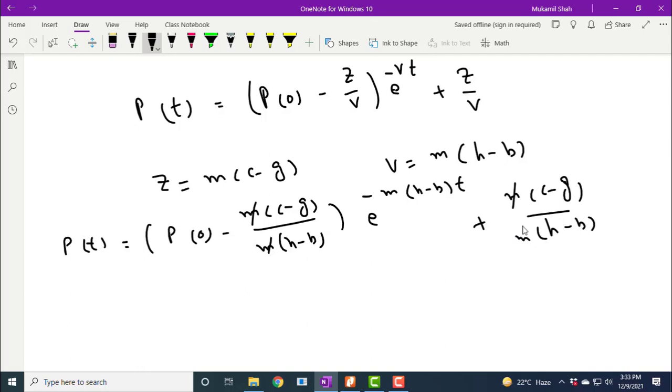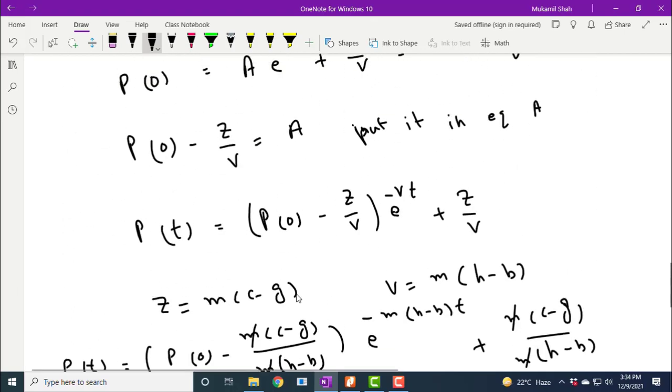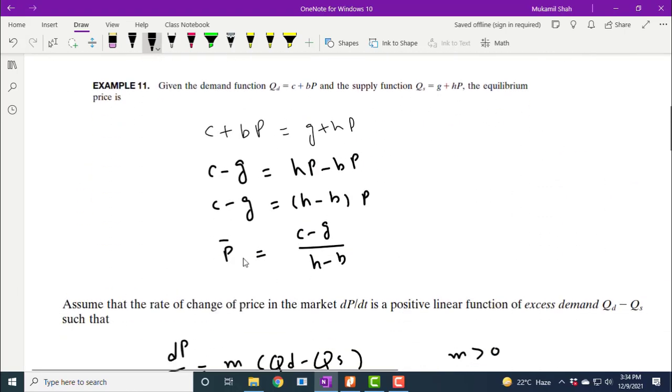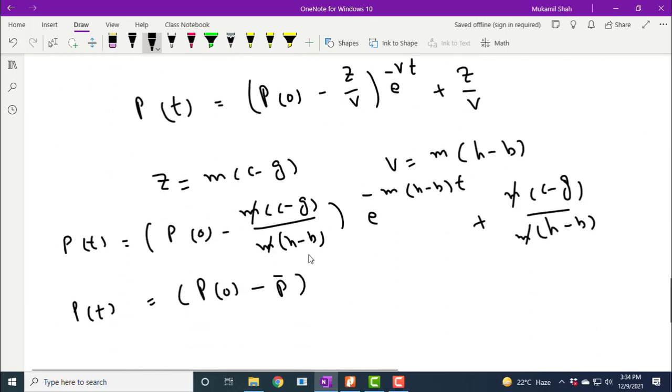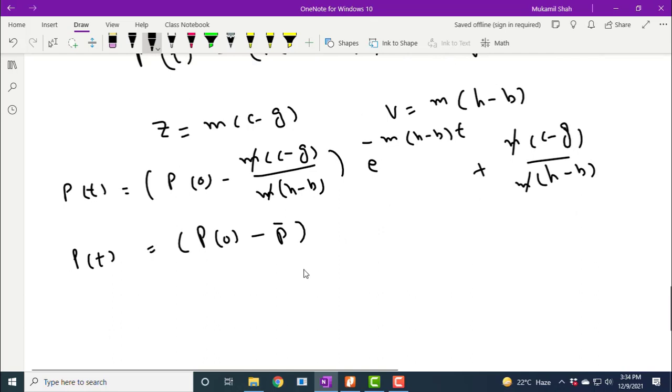This is cancelled out. So we are left with p of t is equal to p of 0, which is the initial price, minus p bar, the equilibrium price, because we have c minus g in it here. p bar is equal to c minus g divided by h minus v. p bar and e raised to the power minus m times h minus v into t plus p bar.